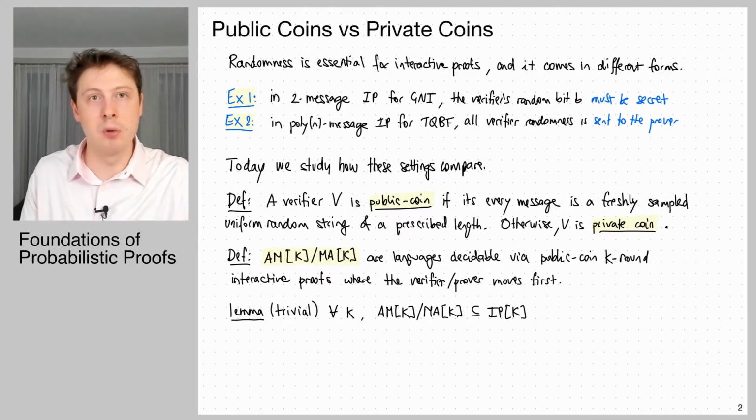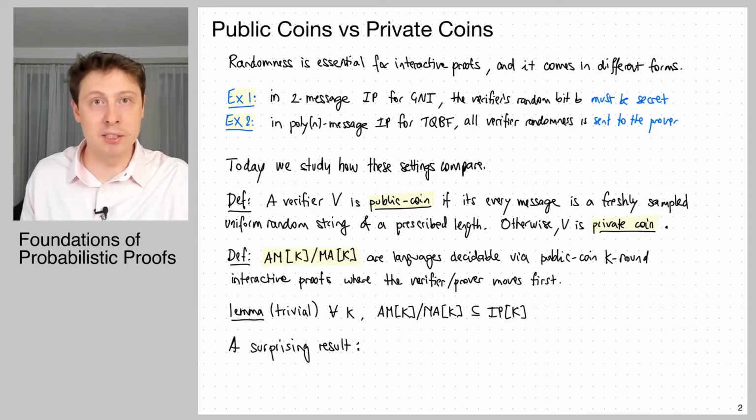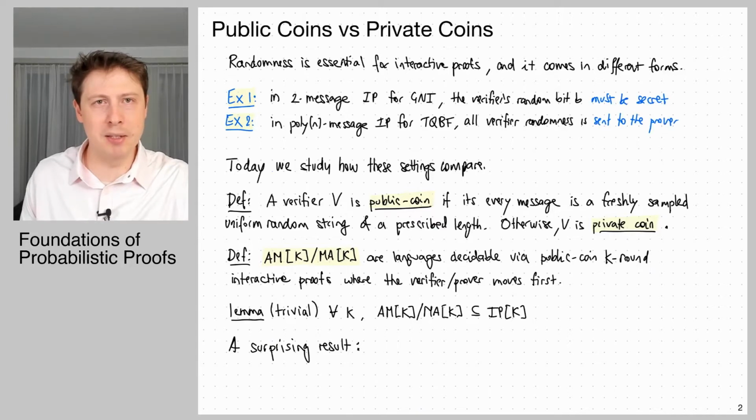So we know that public coin interactive proofs are no more powerful than general interactive proofs. Yet, you may ask, are general interactive proofs more powerful? Notice that they shouldn't be, right? We proved that all of PSPACE has a public coin interactive proof, and we also proved that interactive proofs can only talk about PSPACE, so we know they're not more powerful.